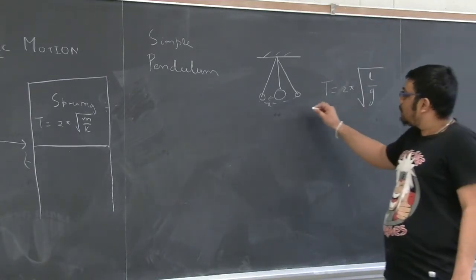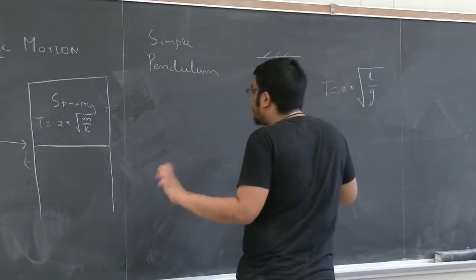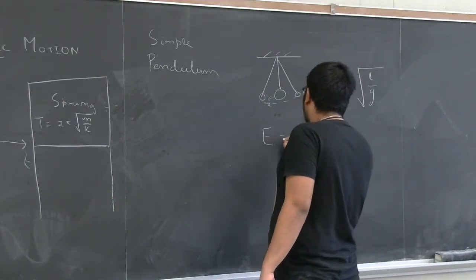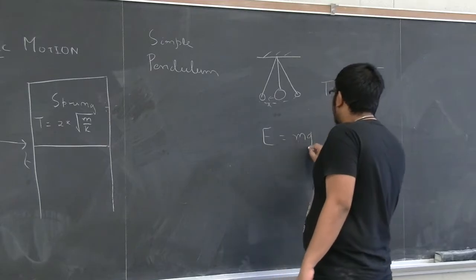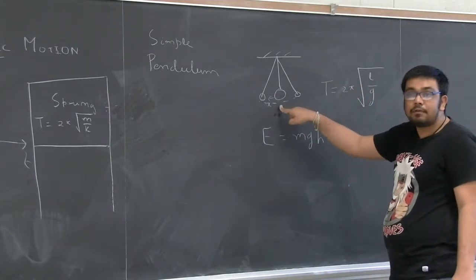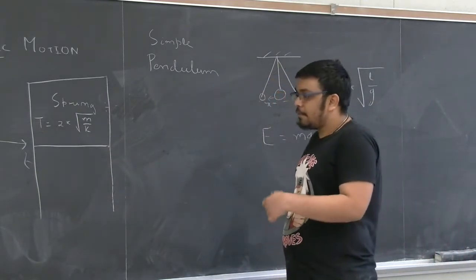For a pendulum, the same concepts that apply for a spring will also hold. The total energy will be a constant. The potential energy will now be a gravitational potential energy, because gravity is the restoring force here, which was the spring in the previous case.